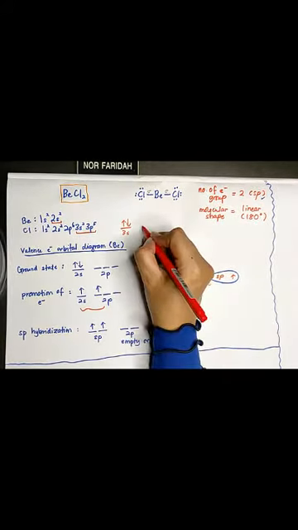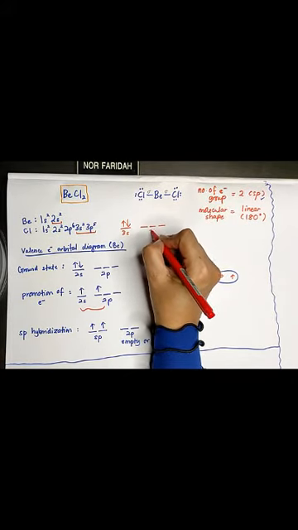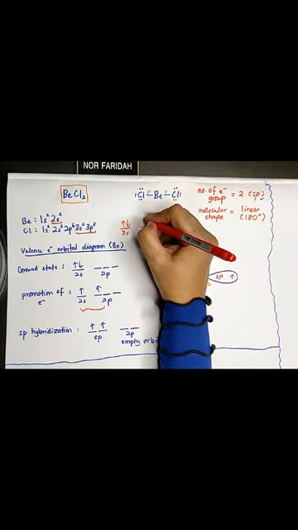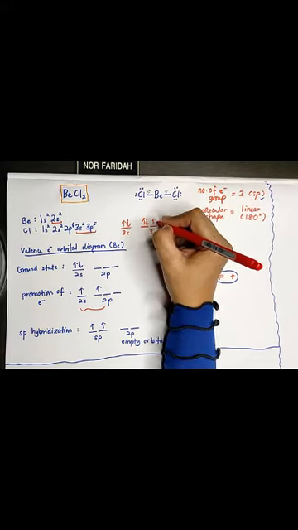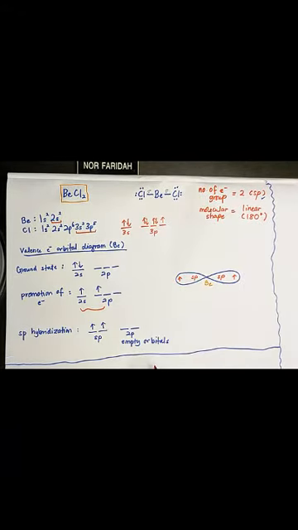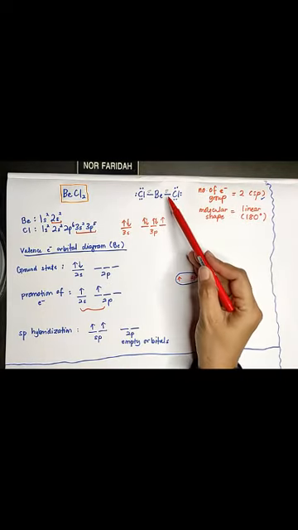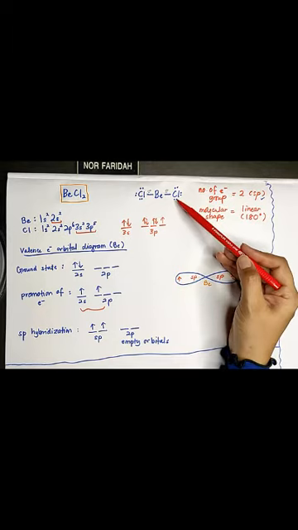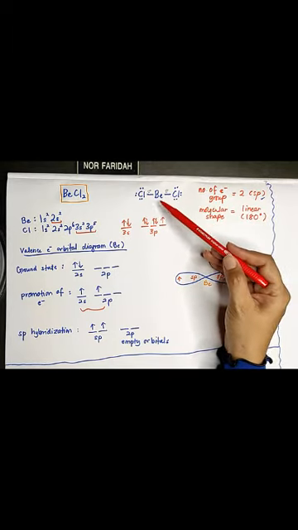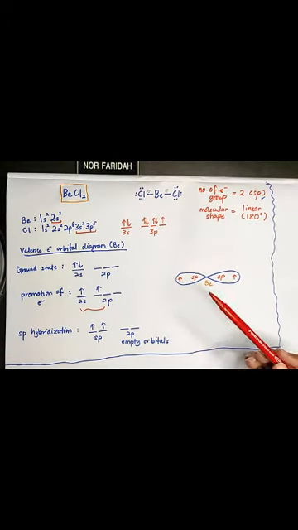Okey, 3p dia ada 5 elektron. 1, 2, 3, 4, 5. Jadi kita dah belajar bahawa ini adalah covalent bond, ini juga covalent bond. Jadi sekarang macam mana chlorine nak form covalent bond dengan beryllium? Mesti share elektron.